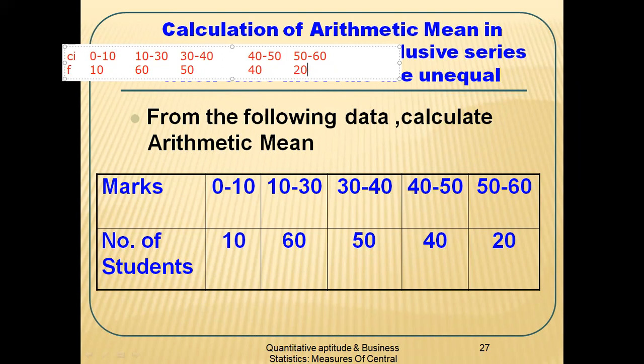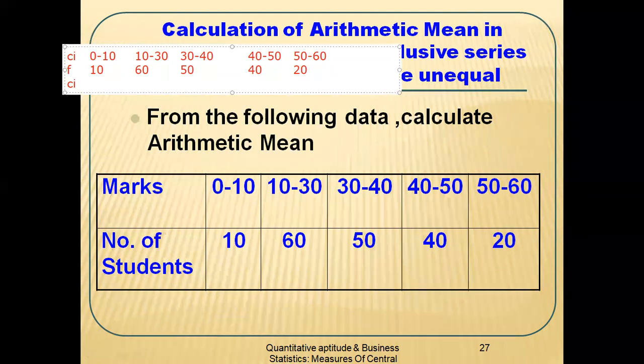Whenever the class widths are unequal, the first and foremost duty is to convert the unequal class intervals into equal class intervals. Without converting unequal class intervals into equal class intervals, we can't solve the problem. So how to convert that? Very simple. The class intervals can be converted as 0 to 10.